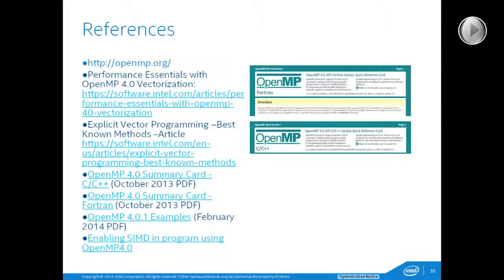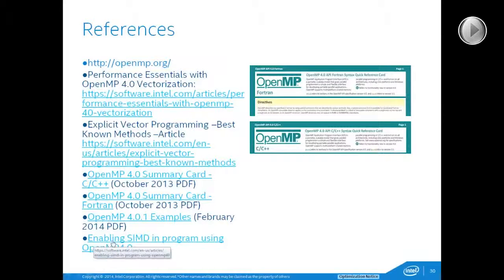Okay, next question. Do you have an example where you want to parallelize the loop and also use pragma OMP SIMD on the loop? Yes, that's a really good question, Anoop. Right now I'm on the reference slide.